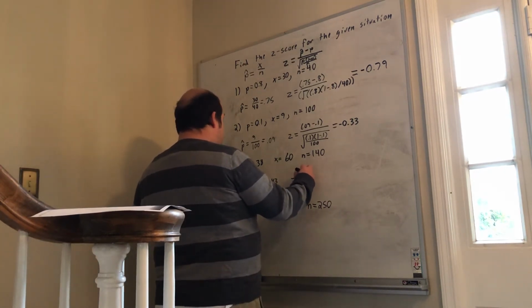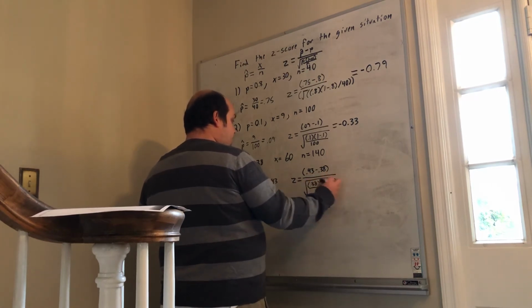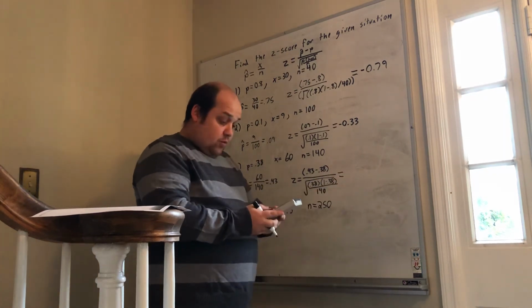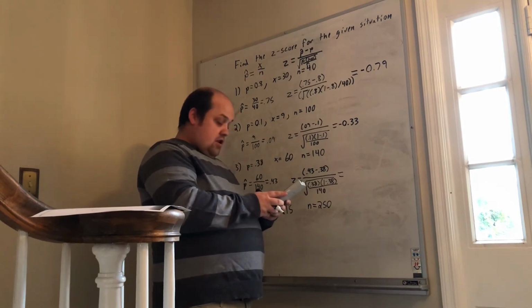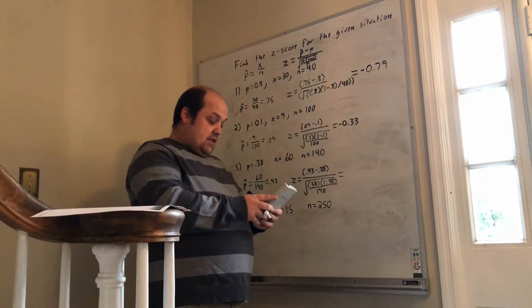It equals 0.43 minus 0.38 over the root of 0.38 times 1 minus 0.38 divided by the n of 140. Again, it takes a while to punch in carefully, so make sure that as you're putting it into your calculator, you're double checking that you have all your parentheses in the right place.